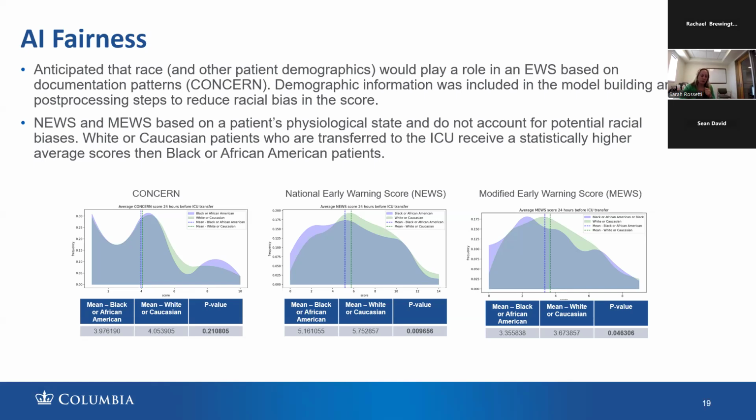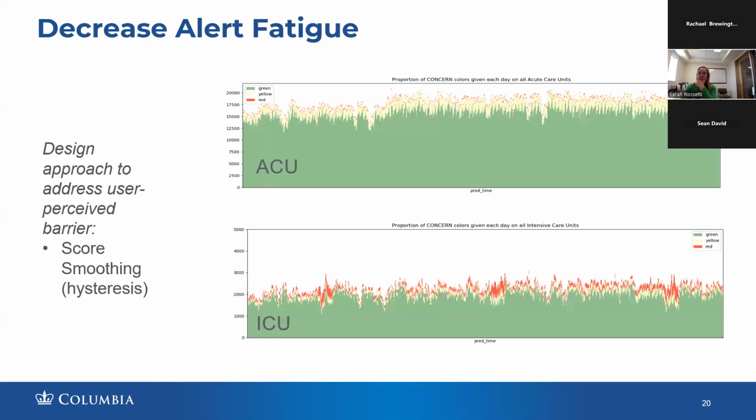We also did look at primary language spoken, and that was also significantly different in terms of populations for our outputs. English versus non-English is how we looked at that. So these are really important issues to be upfront about looking for and then figuring out what is a good approach to mitigate it.